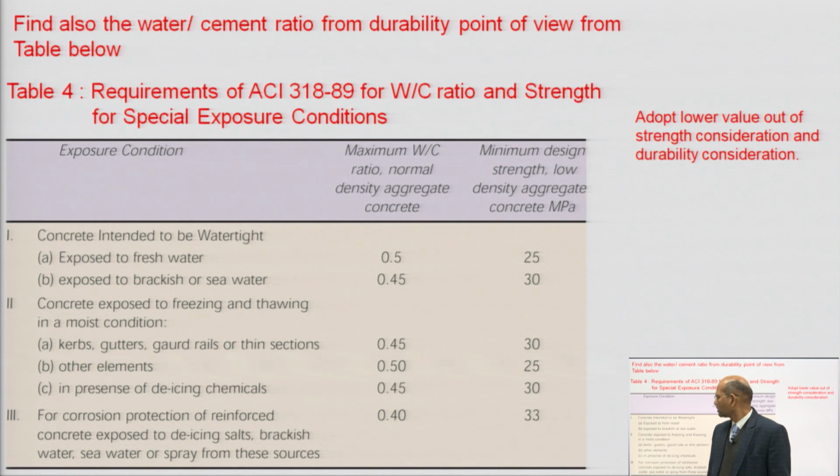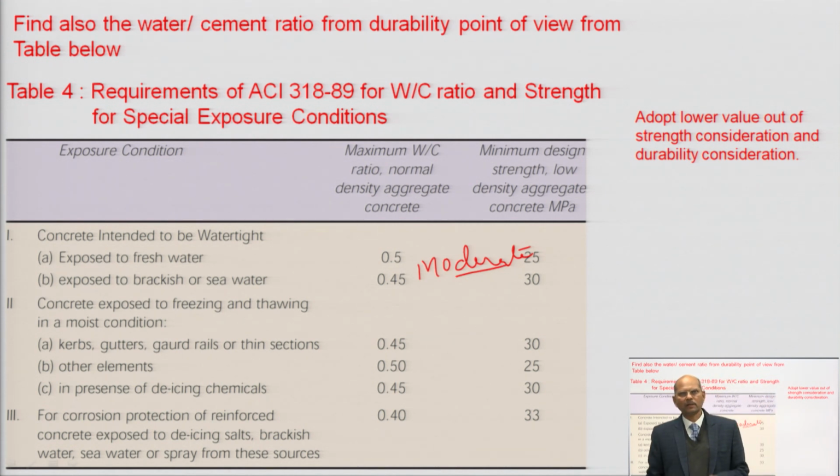Based on that we have to compare, and from there you consider your minimum water cement ratio. Suppose it is exposed to brackish or sea water or exposed to fresh water, that you can say is more or less like a moderate condition. So you can have the equivalent nomenclature with respect to Indian Standard concrete.